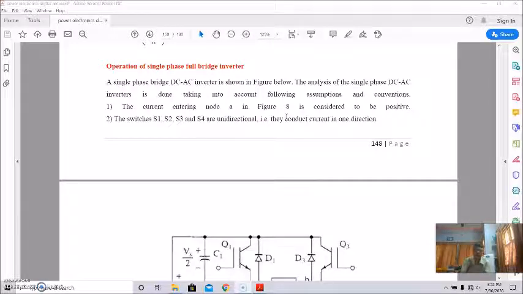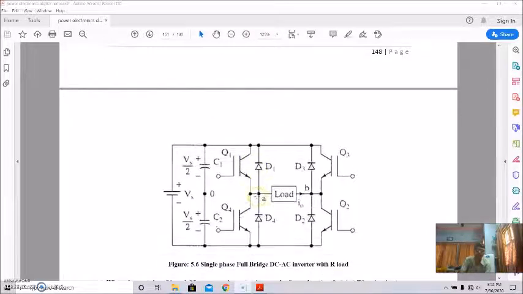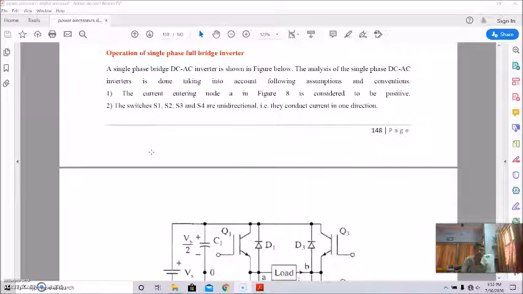The single phase full wave bridge inverter circuit is shown here. It is the single phase full bridge DC to AC inverter with resistive load, and this inverter is taken with the following assumptions and conventions.